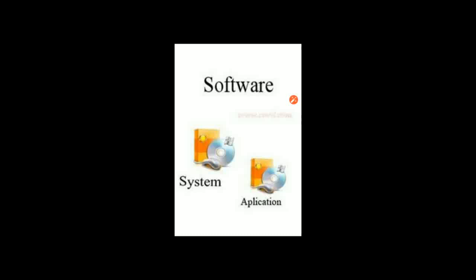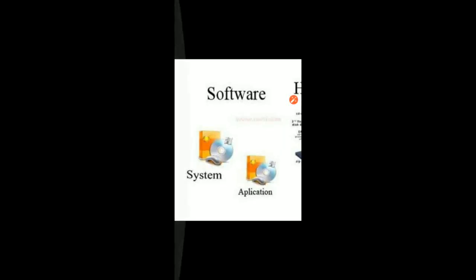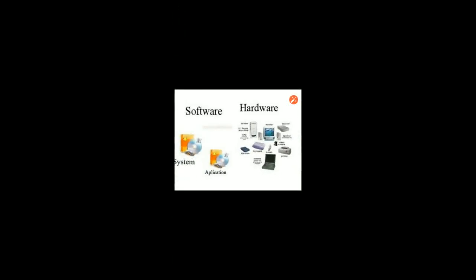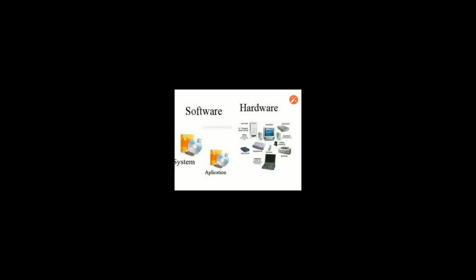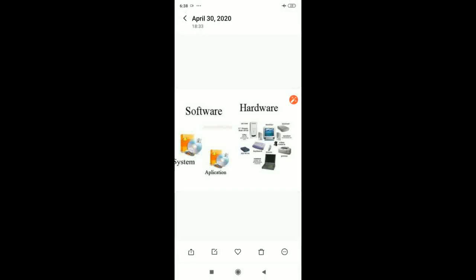Very simple concepts, two concepts we have discussed: what is computer hardware, what is computer software, and what are the different types of computer hardware and software. For this class only this much we will be discussing, and again in the next class we will be continuing.